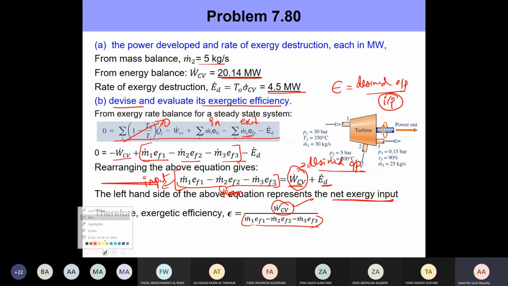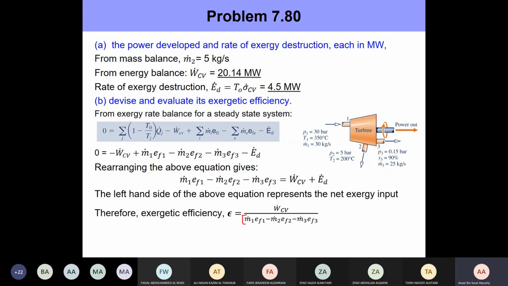Either you can calculate this exergy change of the fluid between inlet and exit, or you could use a very simple method, which is to use this rearranged exergy balance equation and see that this term on the left is equal to the summation of work output plus exergy destruction. So the denominator, instead of calculating these three terms, I could just replace with the work output plus exergy destruction as we get from equation 1 here.